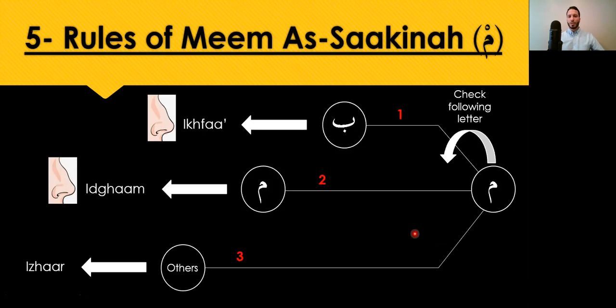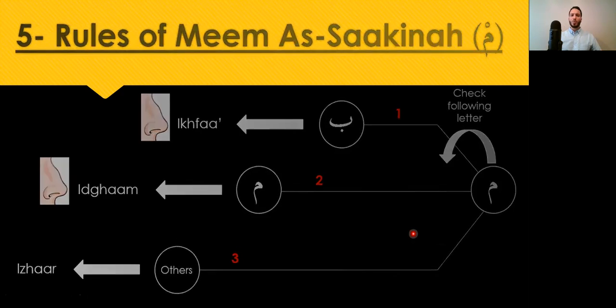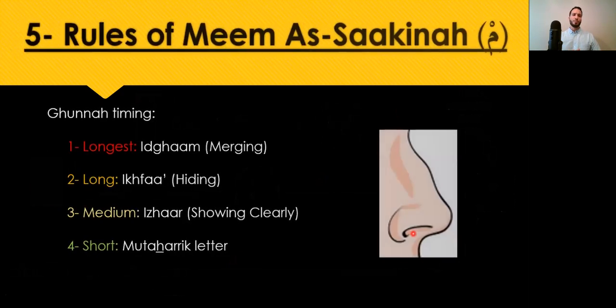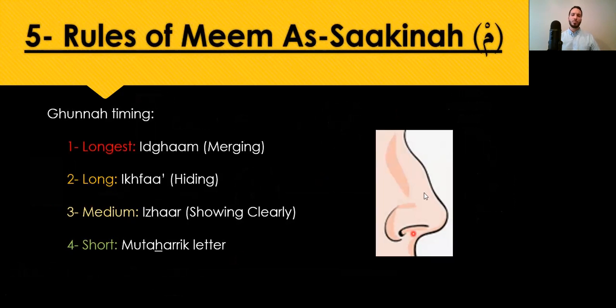Now, one more thing to mention: the ghunna. So, how much time do we spend on those ghunna? Because we mentioned the ghunna, right? So we said you're going to spend time with your nose. How much time do we spend?